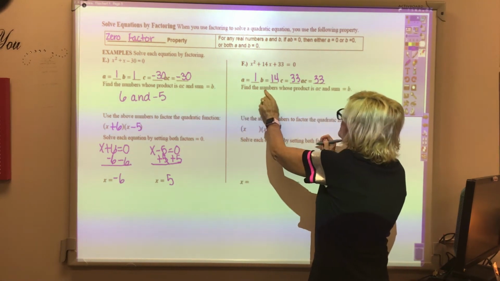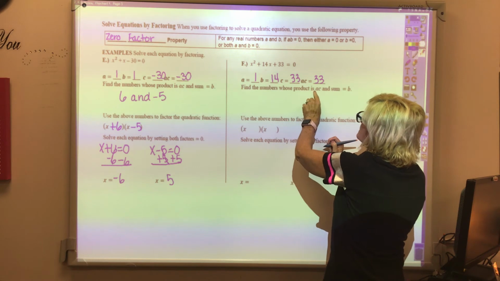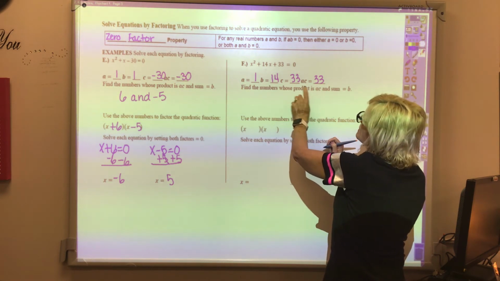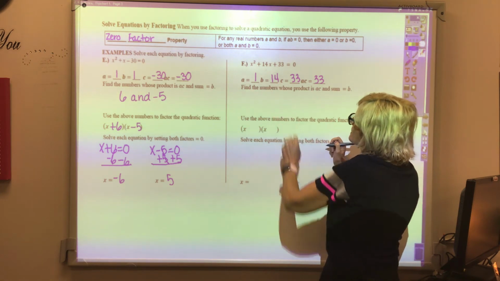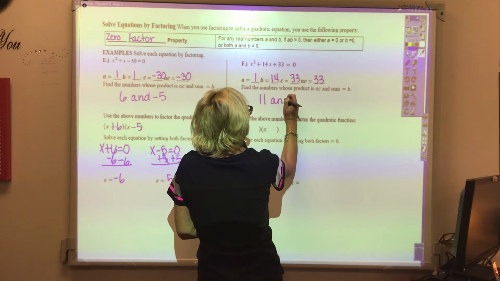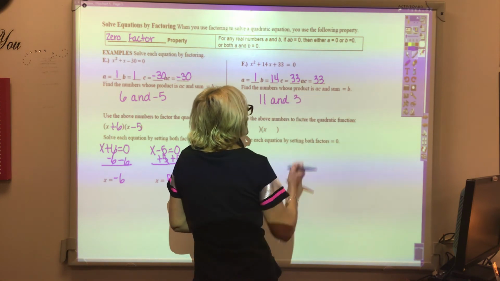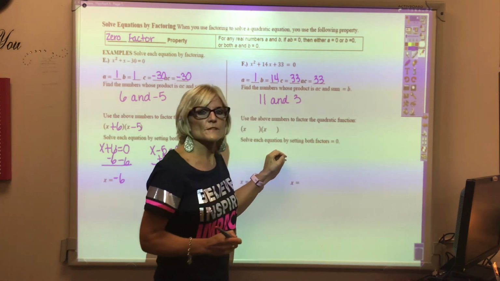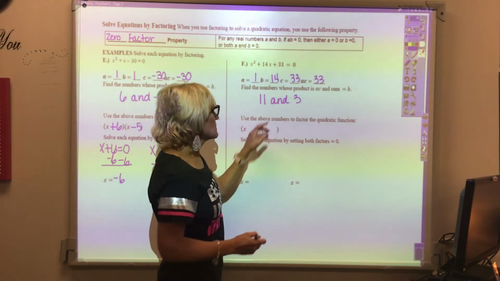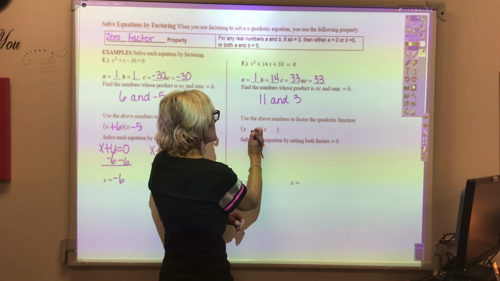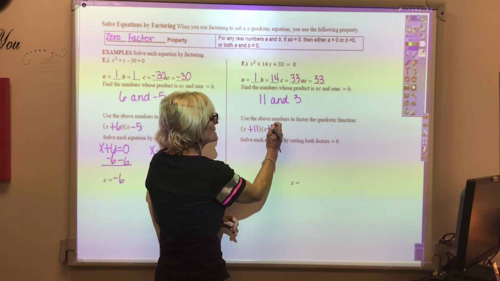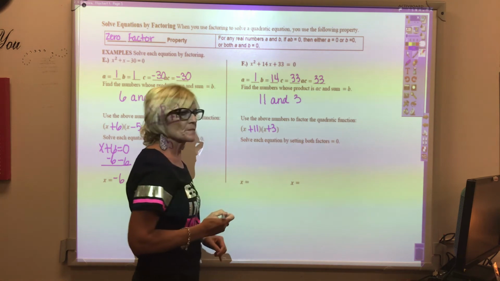Now we want to find the numbers whose product is 33 and whose sum is 14. So I'm going to tell you that 11 and 3 will work because 11 times 3 is 33 and 11 plus 3 is 14. Both of these are positive, so we'll put a plus 11 in one parenthesis and a plus 3 in the other parenthesis.